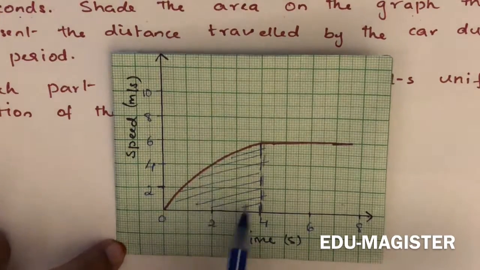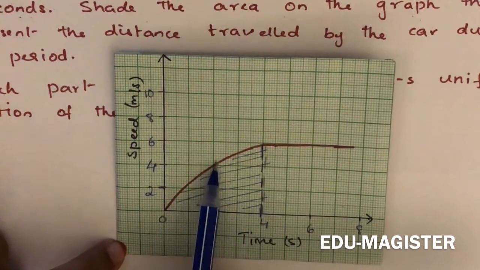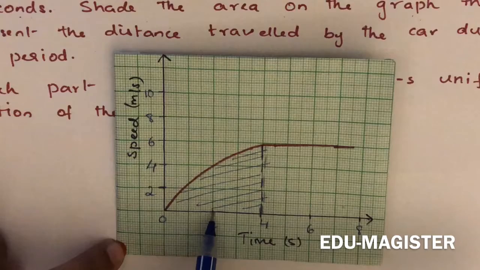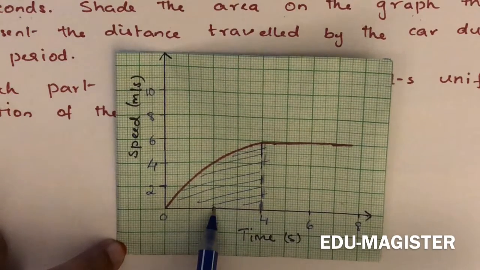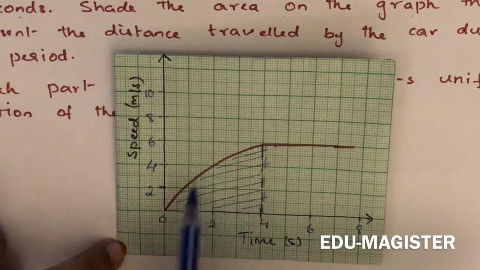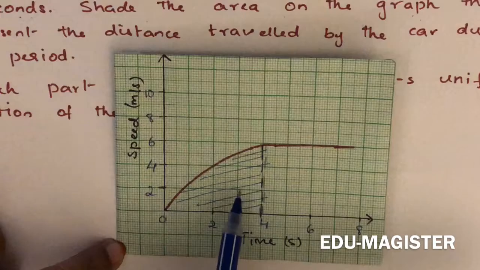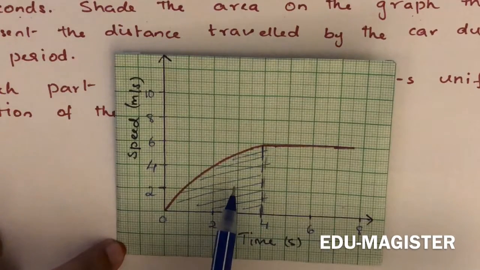Now, in order to find the area under the graph, what I am going to do is I am going to split this shape into a square here. Though it seems to be a square, it is a rectangle, and 2 triangles, and then I will add up all the areas and then find the area of this shape. So, this is what I am going to do.